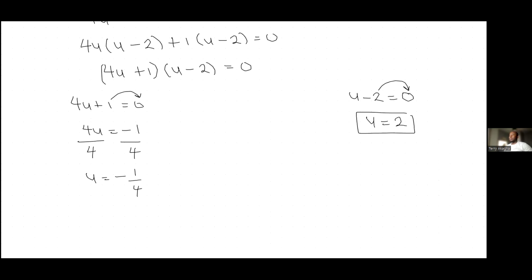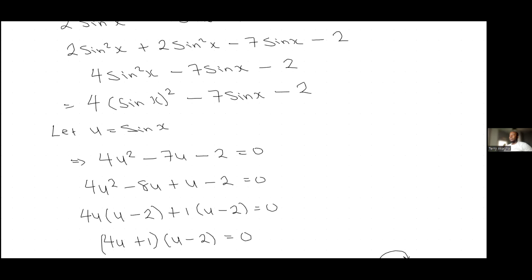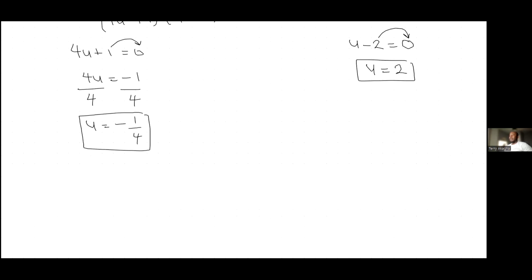But as you can see, we are not here to look for u, but we are here to look for x, right? But we know from the beginning that u is equal to sine x. So we're going to go back and replace the u with sine x. So we now know that sine x is equal to minus 1 over 4.